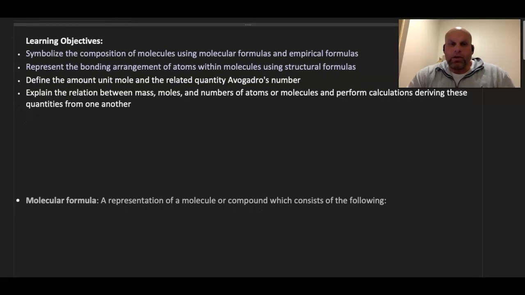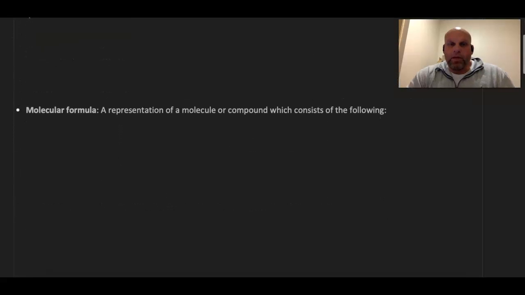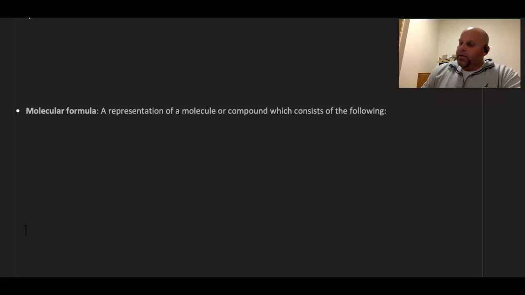So we're going to start by talking for a minute about a molecular formula and what a molecular formula tells us or represents. It basically consists of two things, or tells us two important pieces of information. It tells us what atoms are present and how many of each.